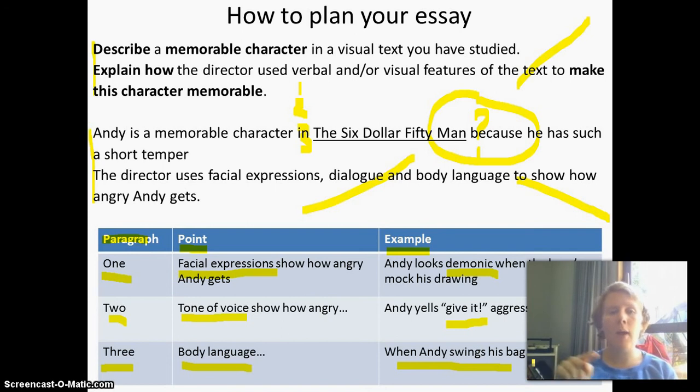If I were writing this essay, by the time I got to the third paragraph, or to the conclusion, whichever works best, I would be saying, of course, we come to realise that Andy is being bullied even though he can't read, and that his teacher is obviously a horrible person, and the fact that he gets so angry isn't really his fault.